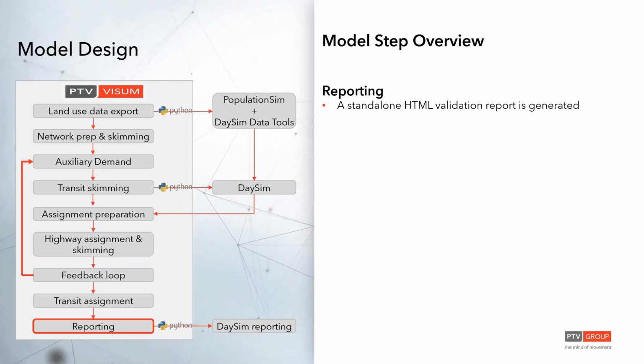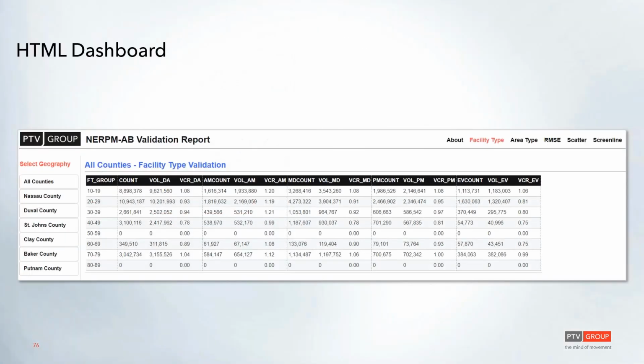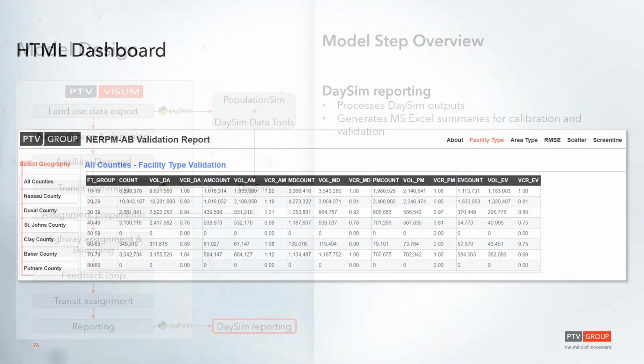And in this step, the highway assignment validation report is generated, and we will talk about this more tomorrow when we review model outputs. We'll go through this HTML dashboard.